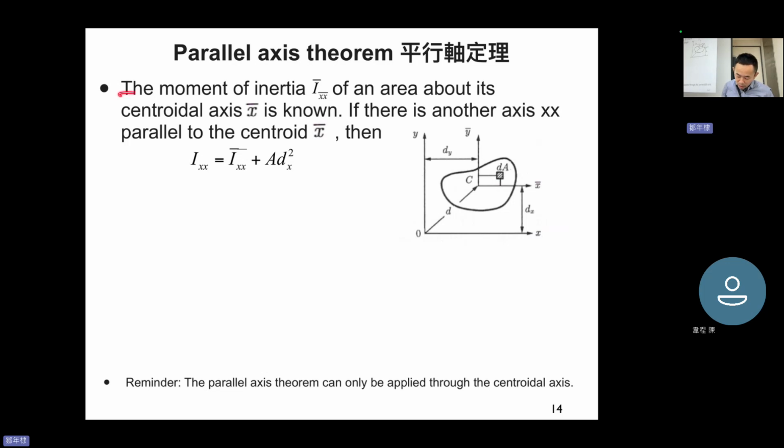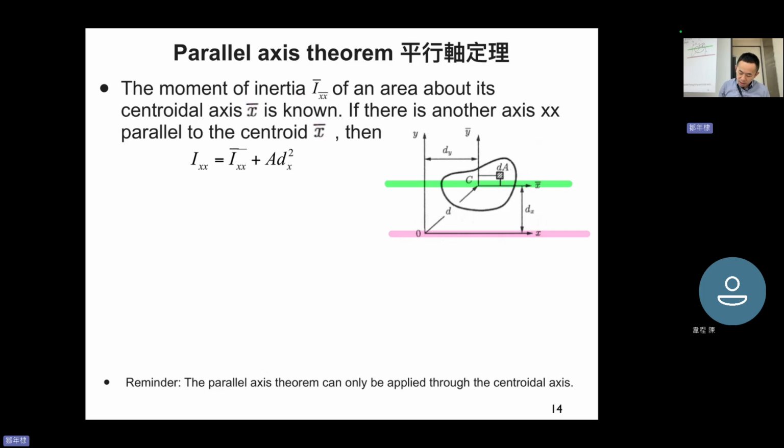The moment of inertia I bar x bar of an area about its centroid, we know the centroid because we can check in appendix D, right? So for example, we want to rotate not about the green line, we want to rotate this area about the pink line.